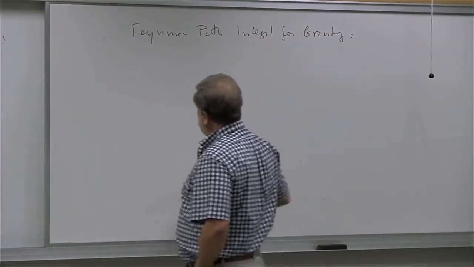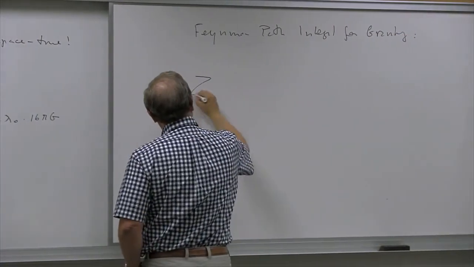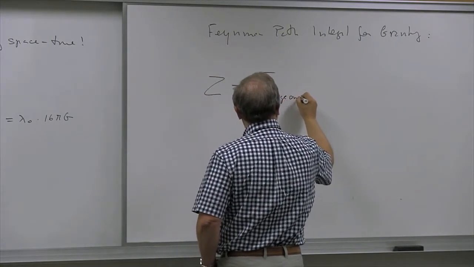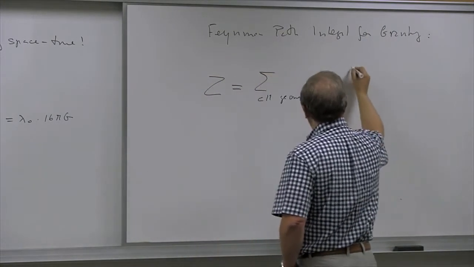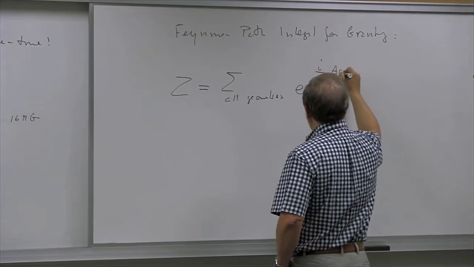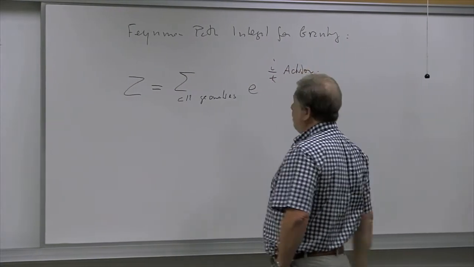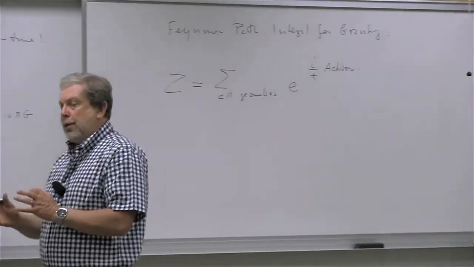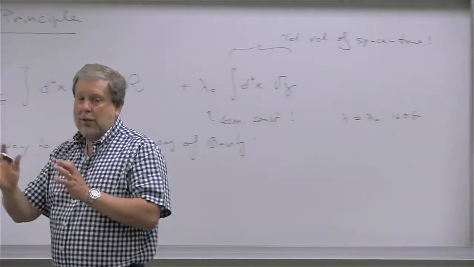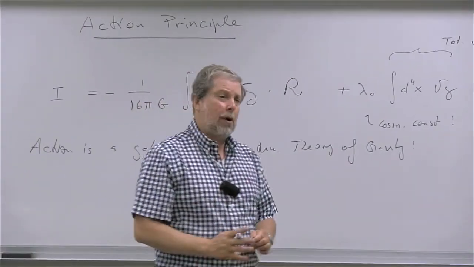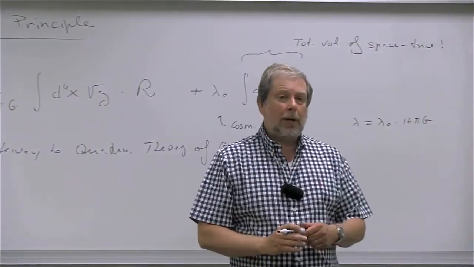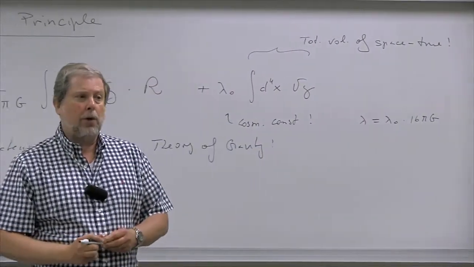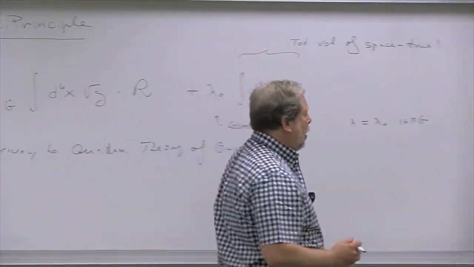Which means that Z is the sum over all geometries of e to the i over h bar times the action. Because the paths for non-relativistic particles are the x's, the coordinates that describe the motion of the particle. But if you're dealing with a field, then of course that's the degree of freedom you want to look at. It's the g mu nu.